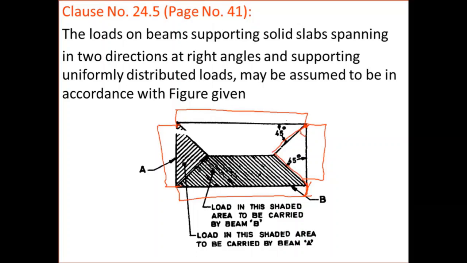Draw a line at an angle of 45 degrees at both corners. Then these two points will meet here. Whatever load is there here will come under this beam, and likewise for each of the other beams.